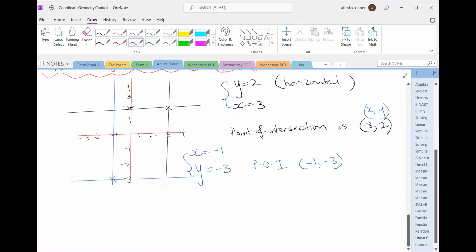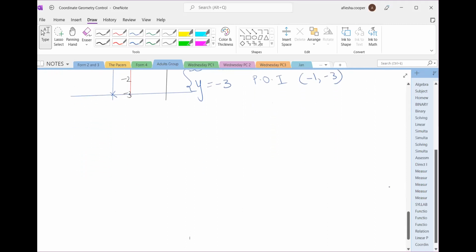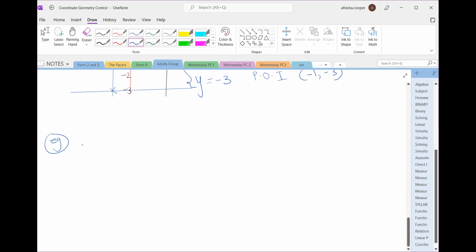We could do it with curves as well. We could do it with full functions. So let's say we have a line y is equal to 3x minus 2 and y is equal to 4.